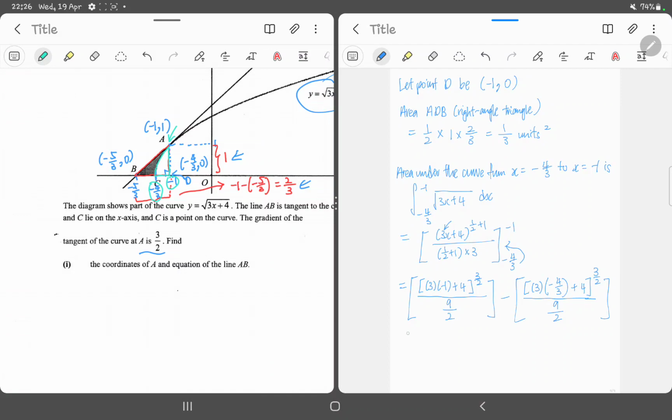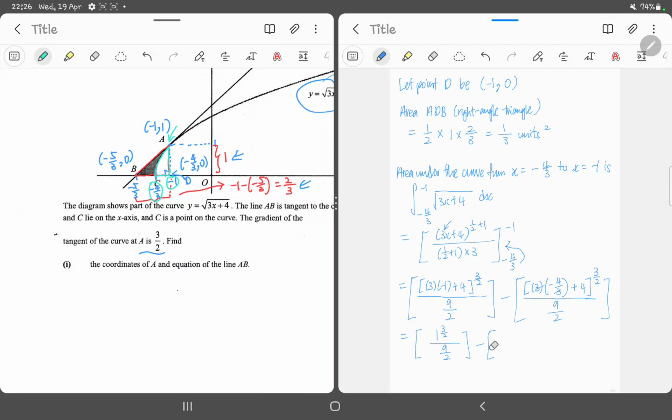So this is equals to 1 to the power of 3/2 over 9/2 minus, here the numerator is 0.